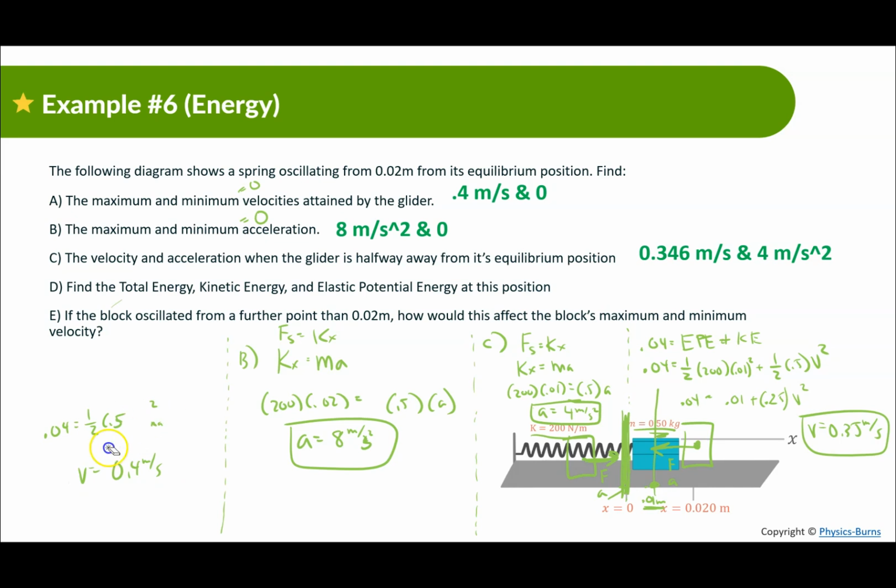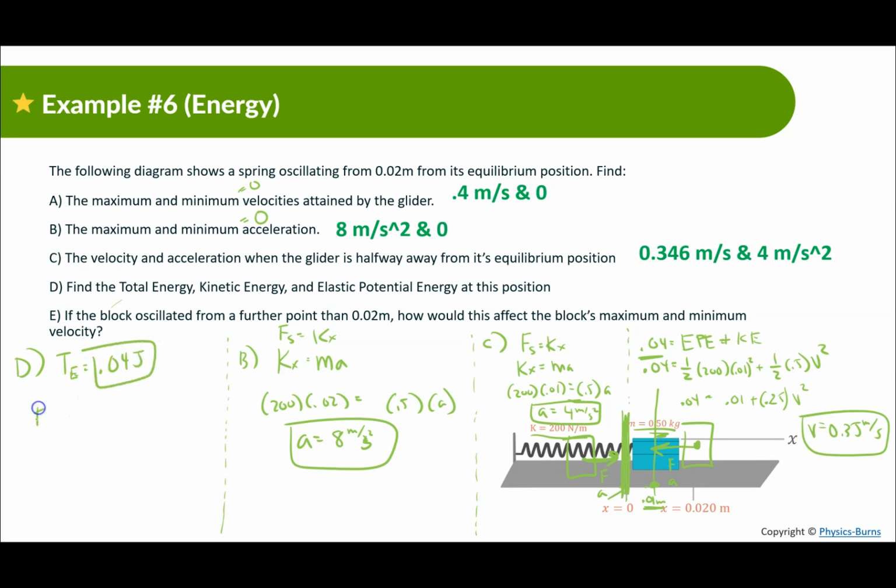Okay, so part D says find the total energy, kinetic energy, and elastic potential energy at this given point. So we know the total energy is always going to be the same as it's oscillating back and forth. And that's going to be what we found before, which was the 0.04. So I'm going to do total energy, 0.04 joules.